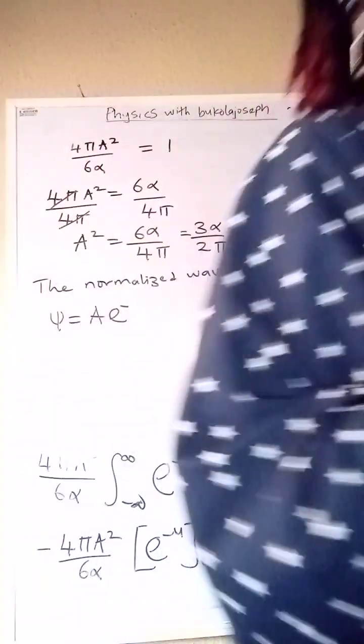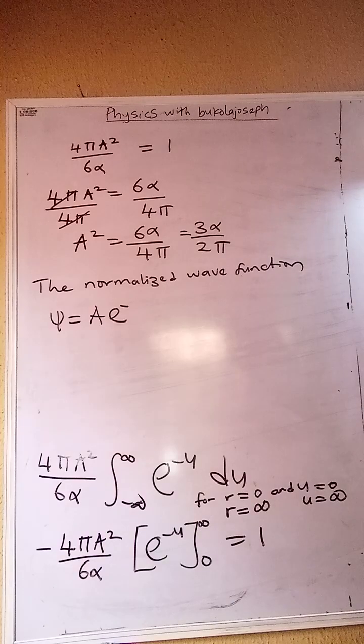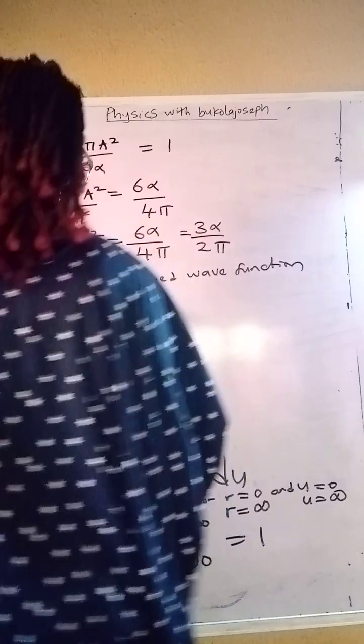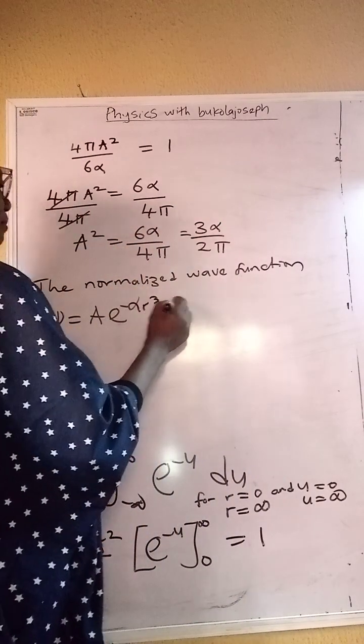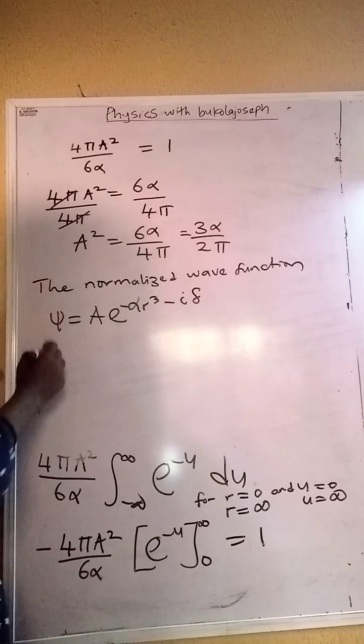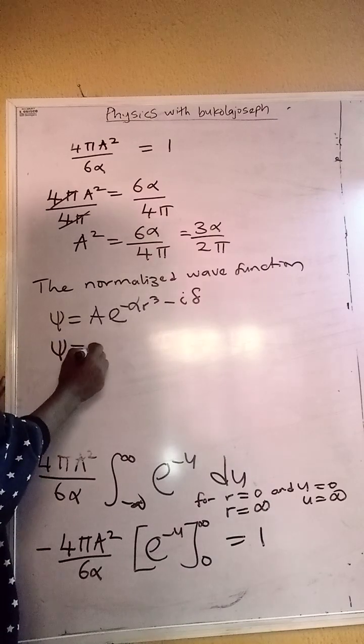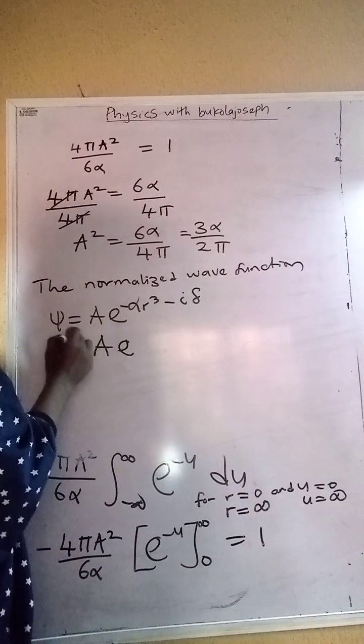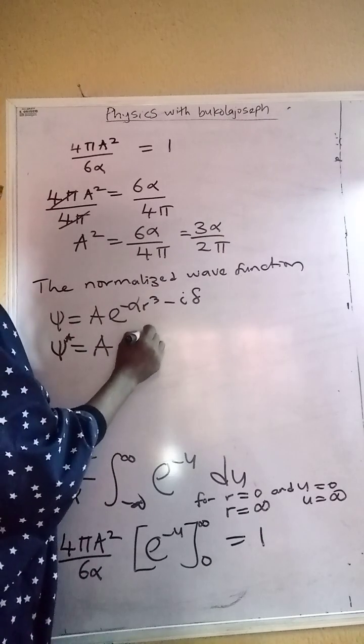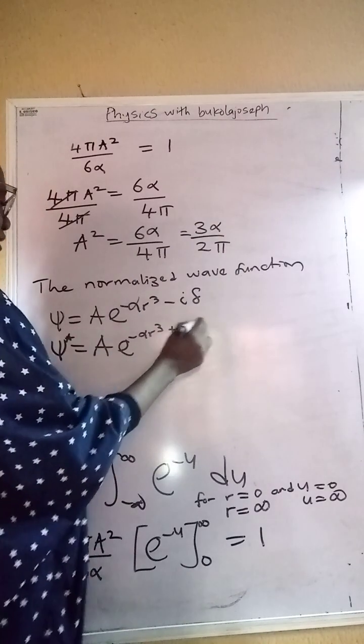Let me check my notes. Psi is given as A exponential minus alpha r cubed minus i d. This is psi. So the conjugate was given as A exponential minus alpha r cubed plus i d.